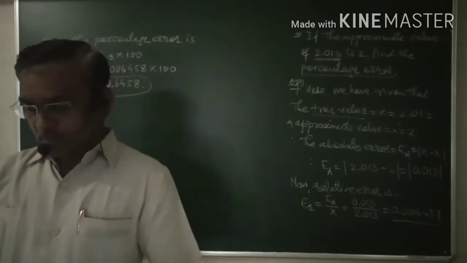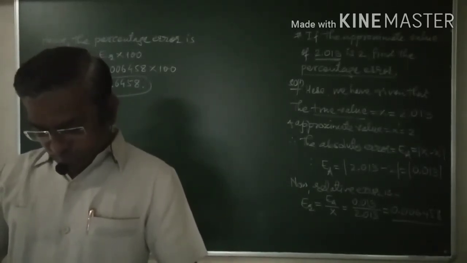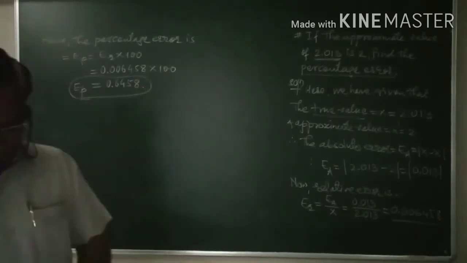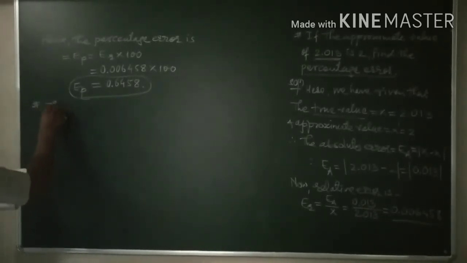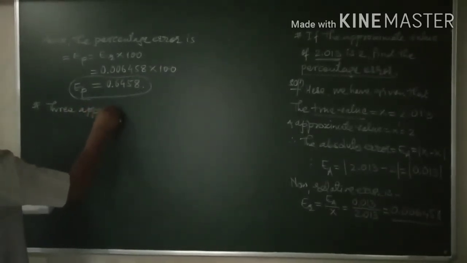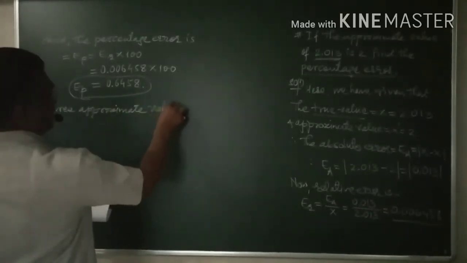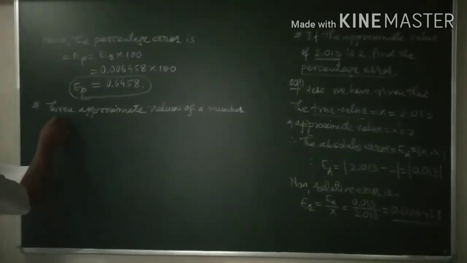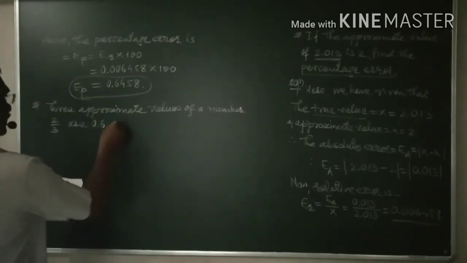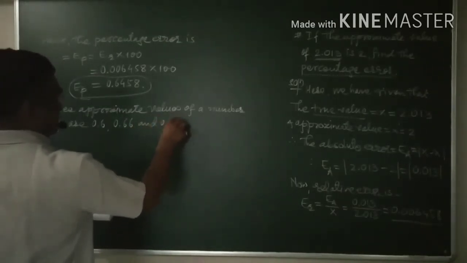Example number 3: approximate values of the number 2 by 3 are 0.6, 0.66 and 0.67.